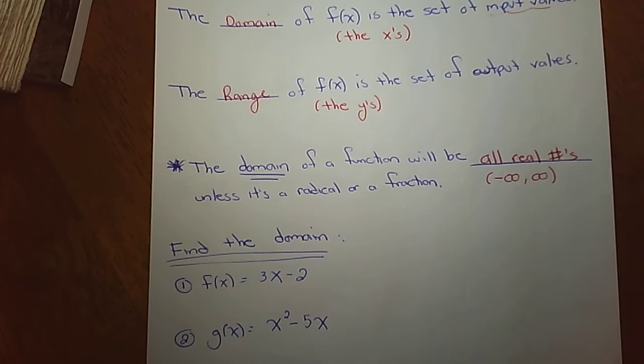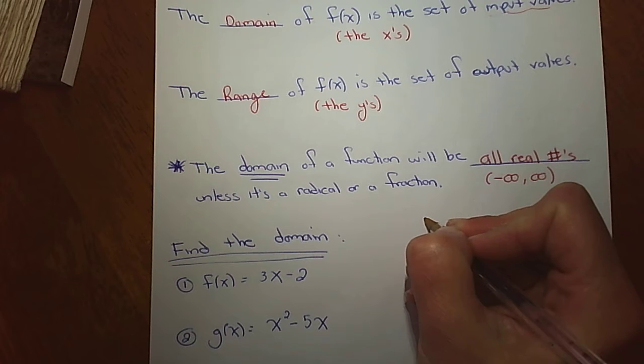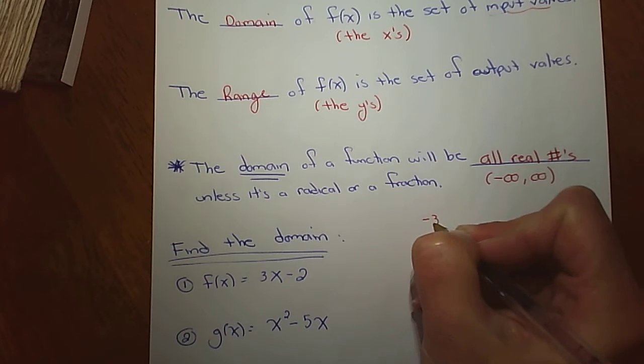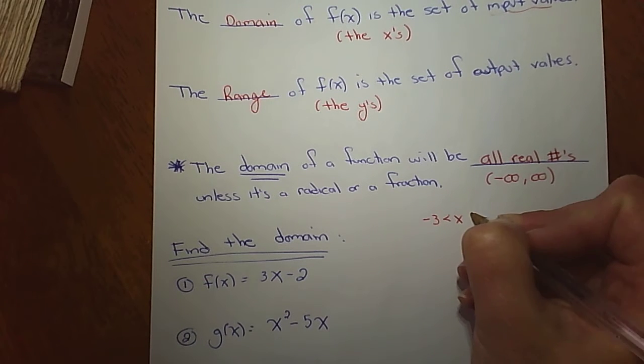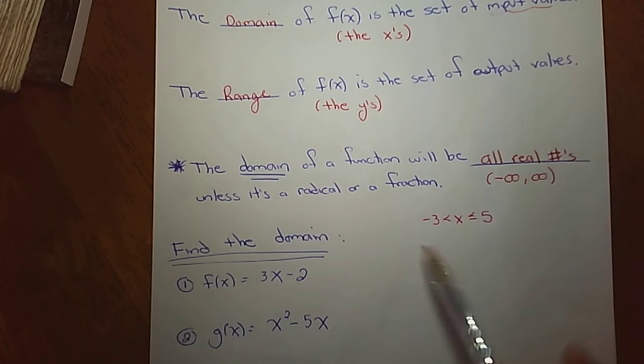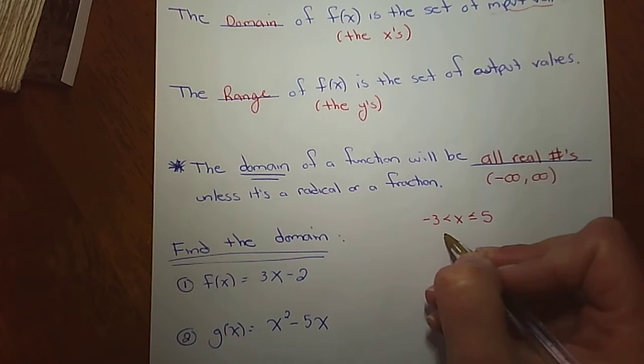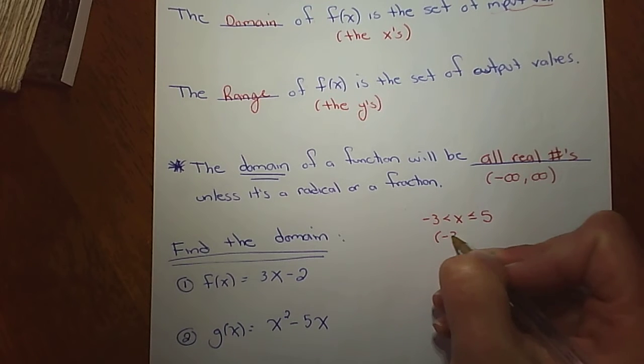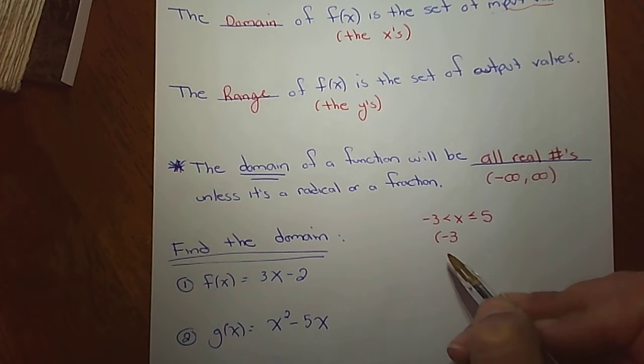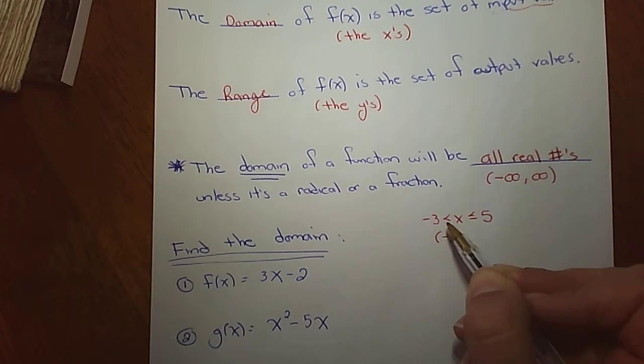Let me show you the difference between the brackets. Let's say I'm going to write negative 3 less than x is less than or equal to 5. Let's say this is the situation we have. In interval notation, the way we'd write it is soft bracket negative 3. So soft bracket means we're not actually using the negative 3 because there's no line underneath it.